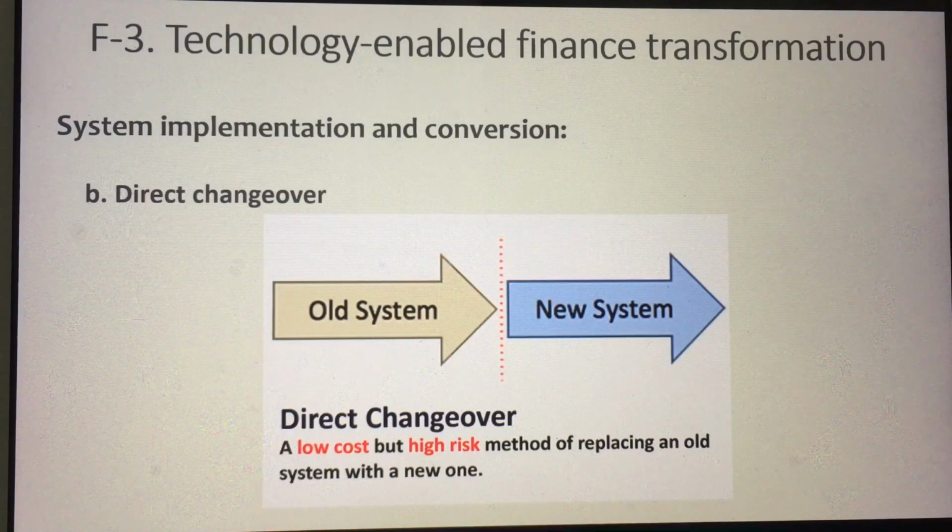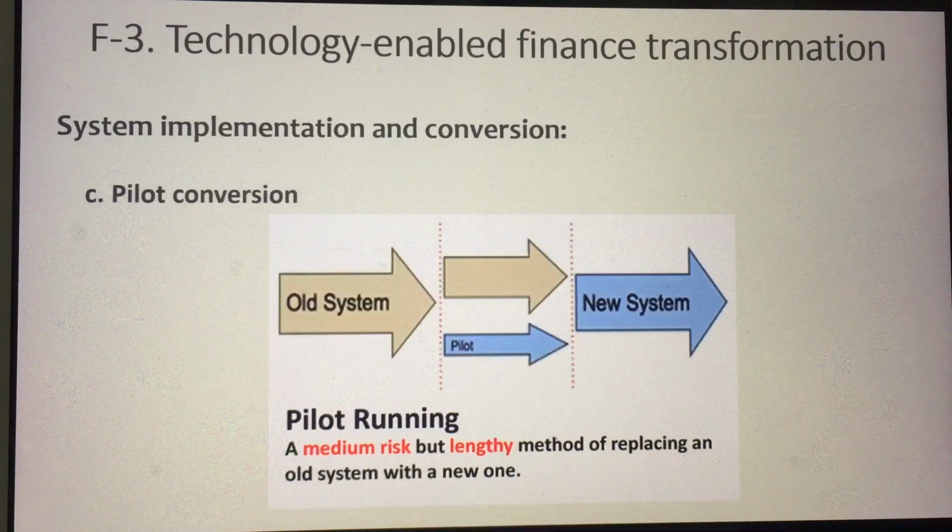Now, you have your third method on how we can implement a system. We have what we call your pilot conversion. In a relationship, with pilot conversion, you get to know the person little by little before you move in to that new relationship.